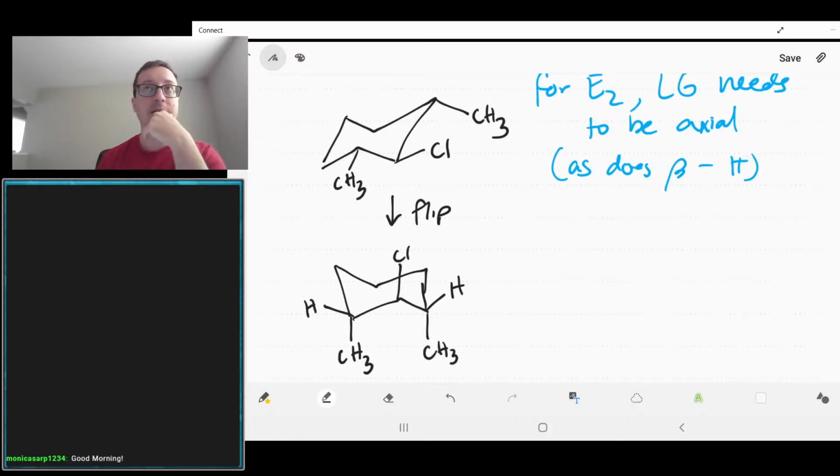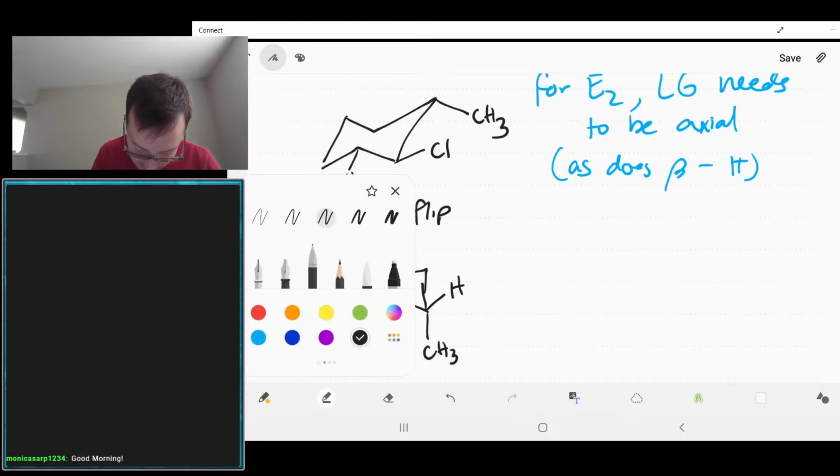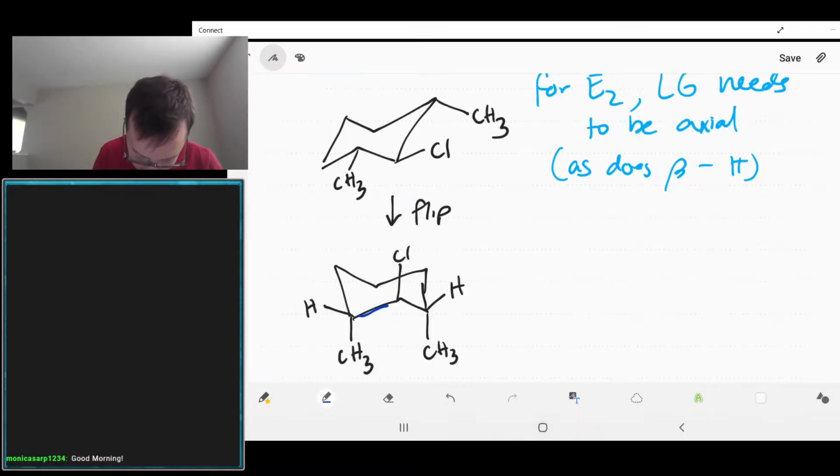If we want to look at this in terms of a double Newman projection, we can do that. Let me look at this one so we can see the chlorine more clearly.